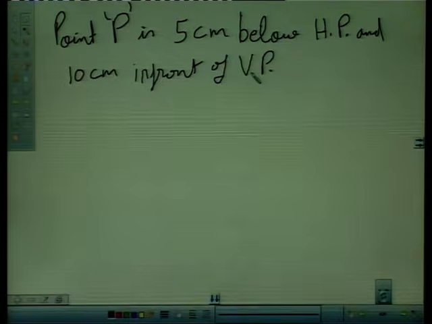Point P is 5 centimeter below horizontal plane and 10 centimeter in front of vertical plane.